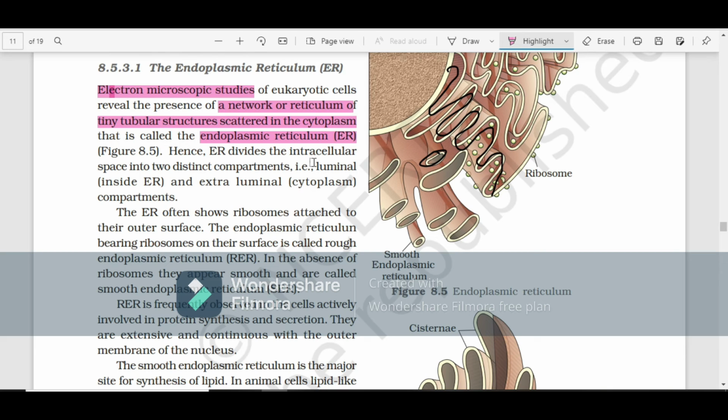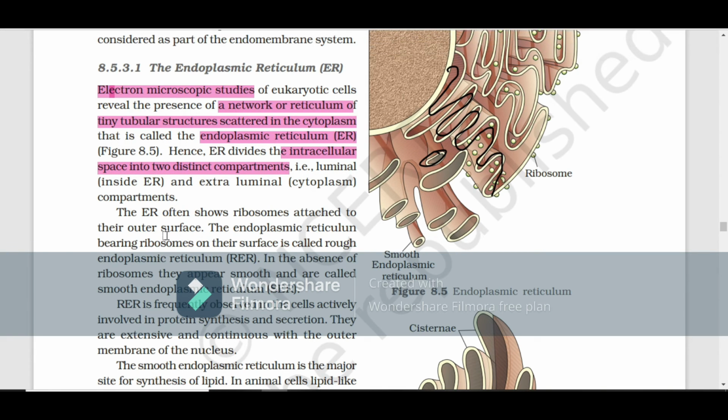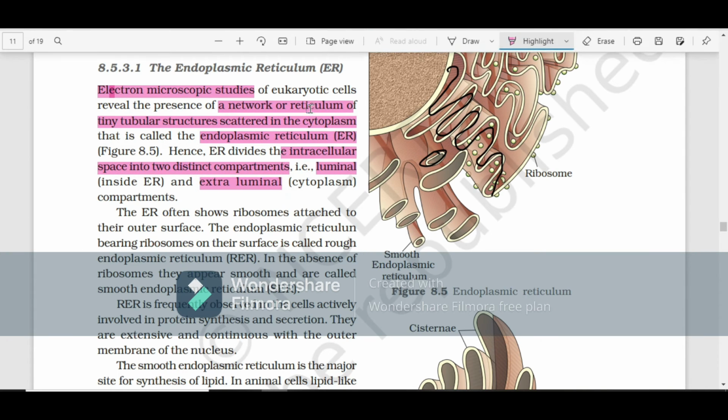This endoplasmic reticulum divides the intracellular space into two distinct components, the luminal and the extraluminal part. The luminal is inside here and the extraluminal is in the cytoplasm here.